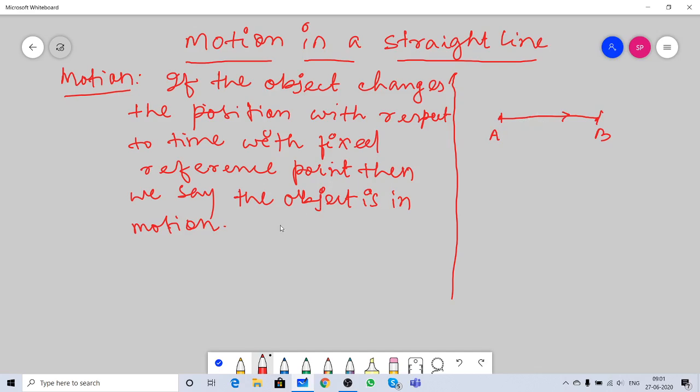And the third thing is very important: without a reference point, there is no meaning of motion, because there is no absolute rest or absolute motion. Why is it so? Because suppose, imagine you are on earth, and someone is watching you from the moon.